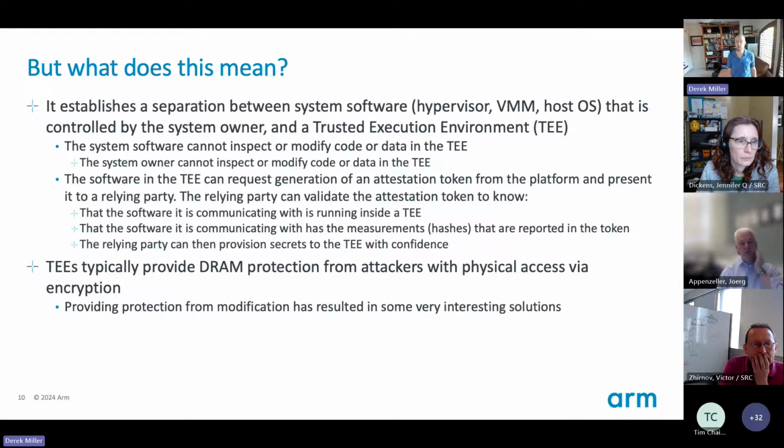Providing protection from modification has resulted in some very interesting solutions because of the particular challenges of that. So typically when you encrypt data, it doesn't blow up the size of the data by any significant amount. However, when you add authenticated encryption modes, you effectively add a MAC onto the end of it, and that, depending on the size of your block and the amount of data you've got, does increase the size of your memory footprint.